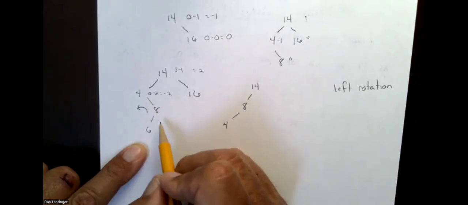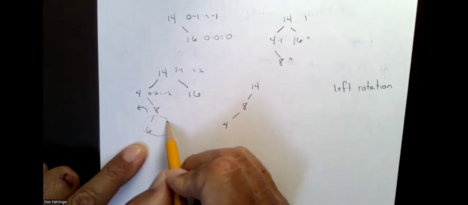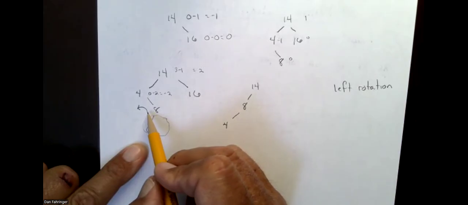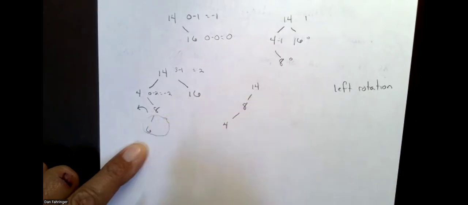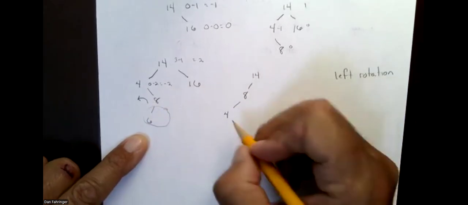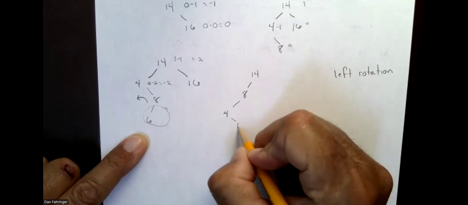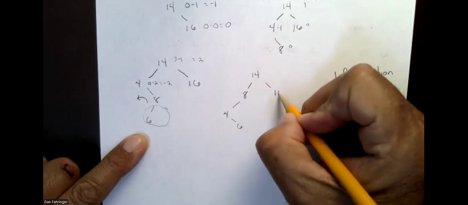And when I do the rotation, whatever is down here is going to connect to the right of a left node. It's going to go and connect here.